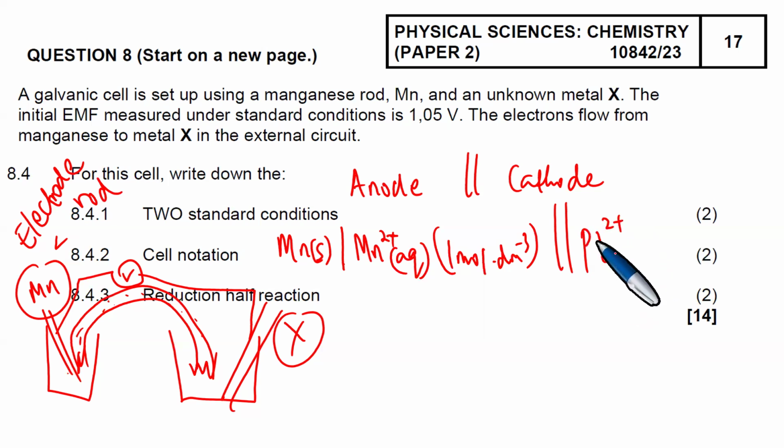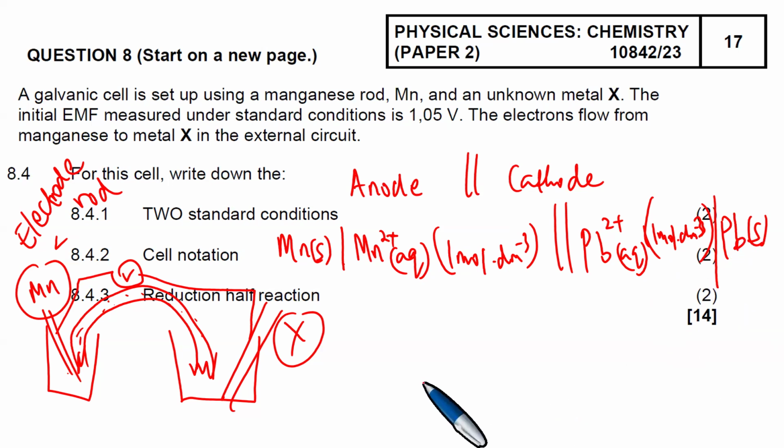And then you put lead 2 plus aqueous, also at standard conditions, 1 mole per cubic decimeter. And then you have the lead solid.